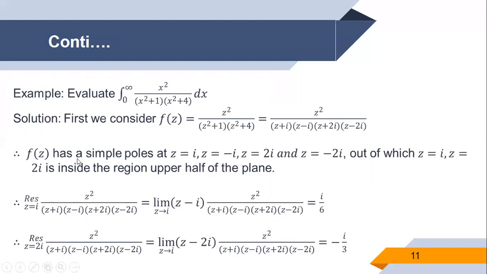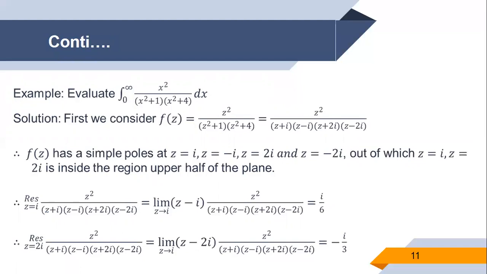Therefore, f of z has simple poles at z is equal to i, minus i, 2i and minus 2i. Now z is equal to i, that means x is 0, y is 1. So y greater than 0. z is equal to 2i, so y is equal to 2. So z is equal to i and z is equal to 2i where y is positive.